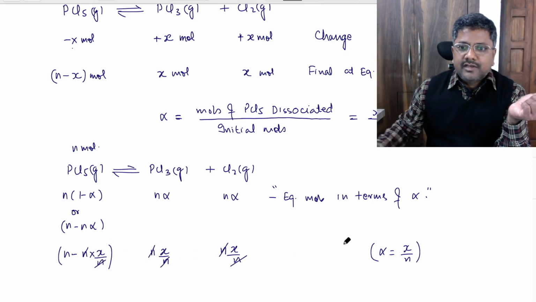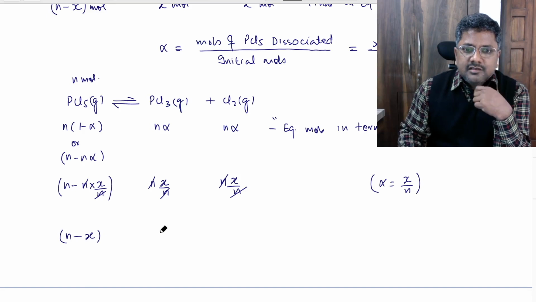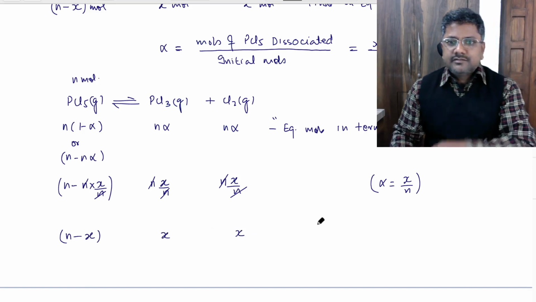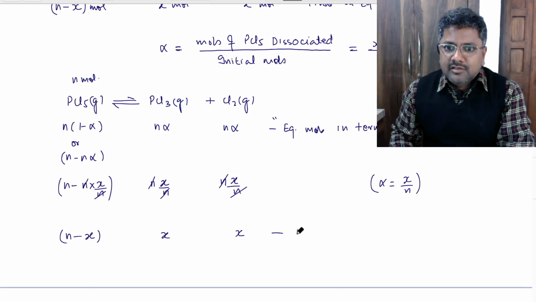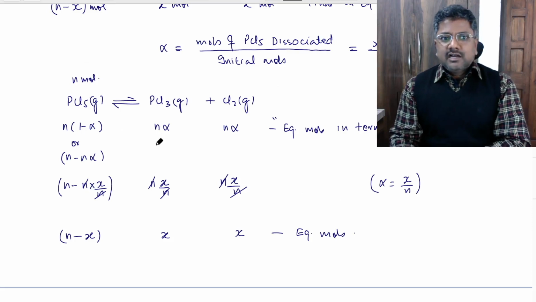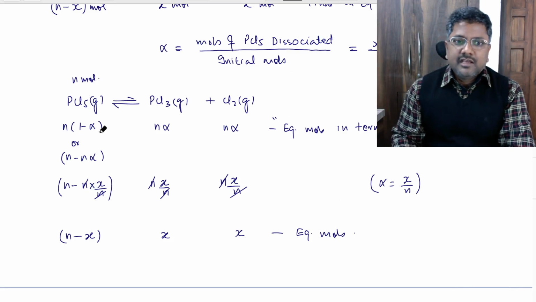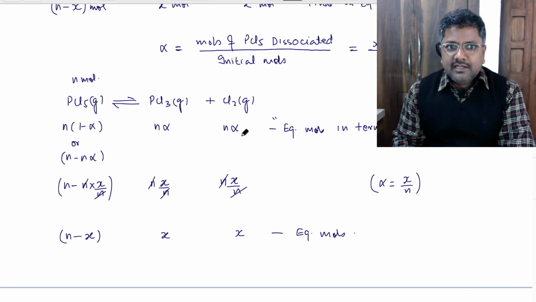So what finally we get? N minus x, x, x. This is the equilibrium moles. So both the expressions are the same, right? There is no difference. If you are writing directly in terms of alpha, then you have to write like this.